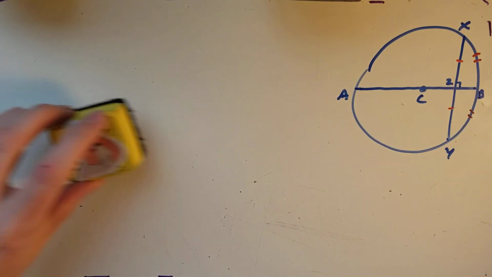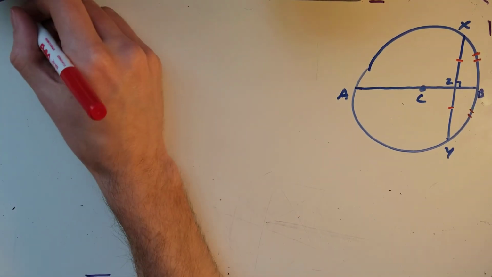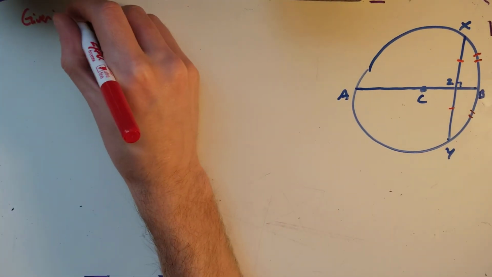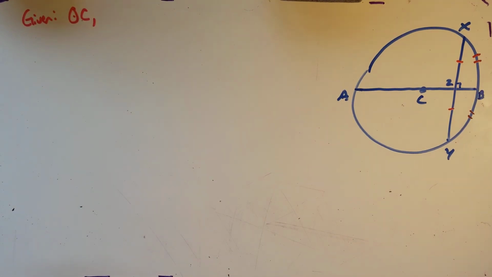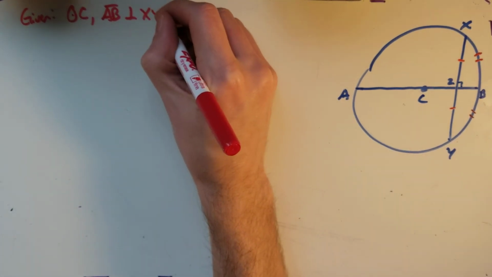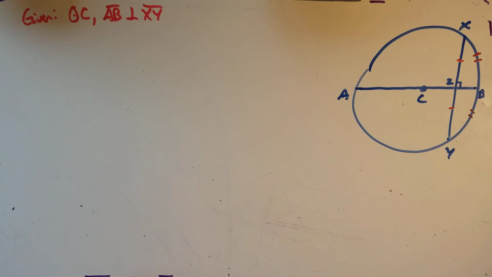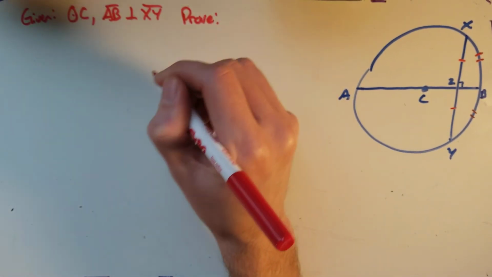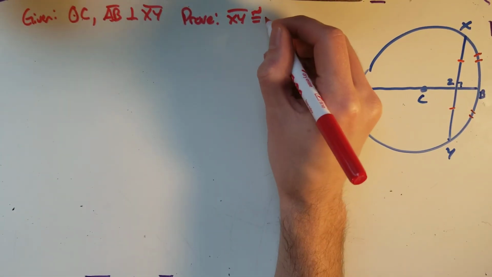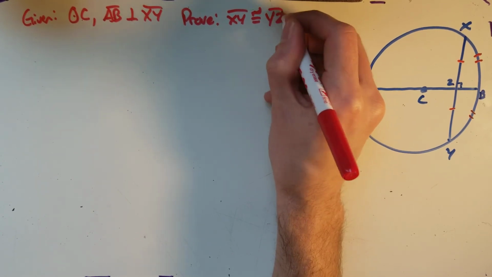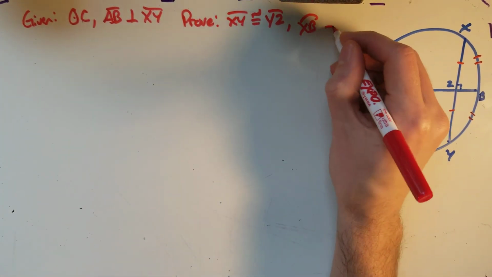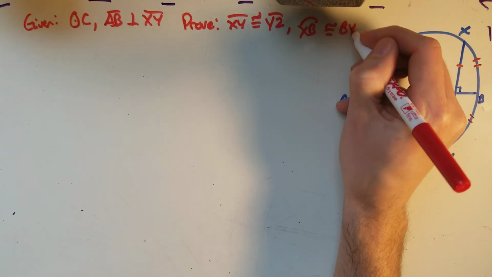Now we're going to need to prove this, then we can use it. So given, and we'll use this circle as an example, we have circle C, and we are given that AB, our diameter, bisects XY, and we are trying to prove that XZ is congruent to ZY, what we marked off here, and we're also trying to prove that arc XB is congruent to arc BY.